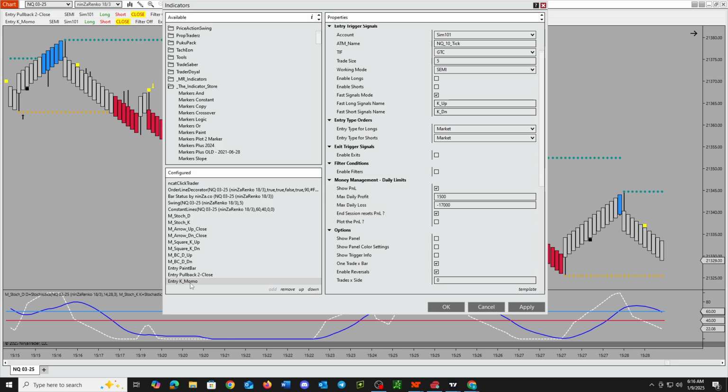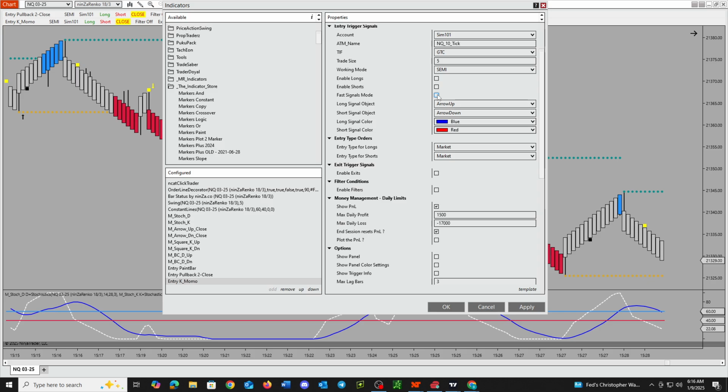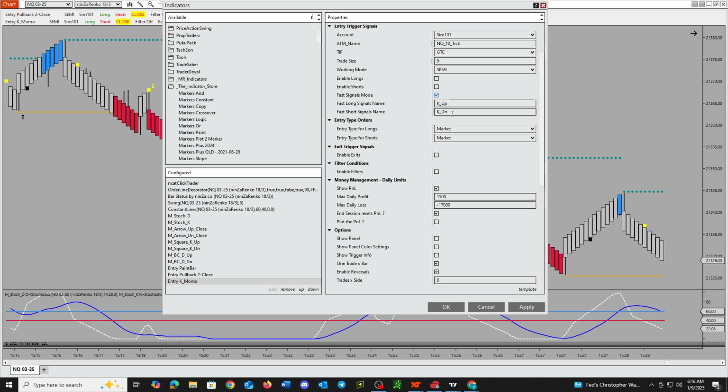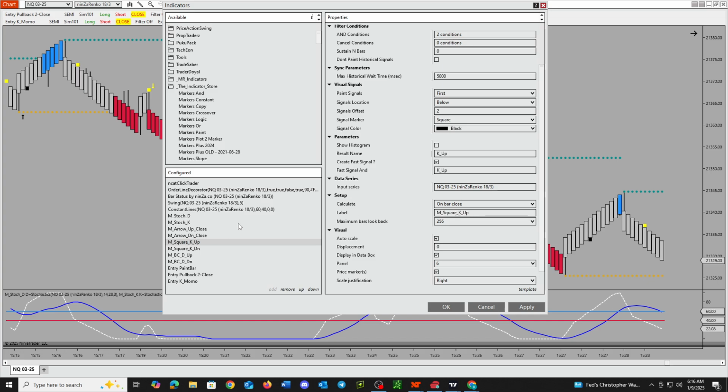Now let's look at the entry for the K-Momo. All right, so you'll see here, again, fast signal mode activated, and I've typed in K up and K down. So you just go here to make sure. Anytime there's a hiccup with an entry module, it's the first thing I check. I've usually mistyped something. It's got to match exactly. Can't be close.